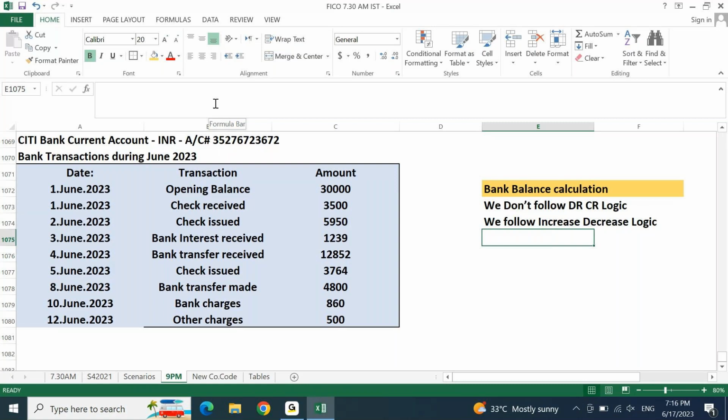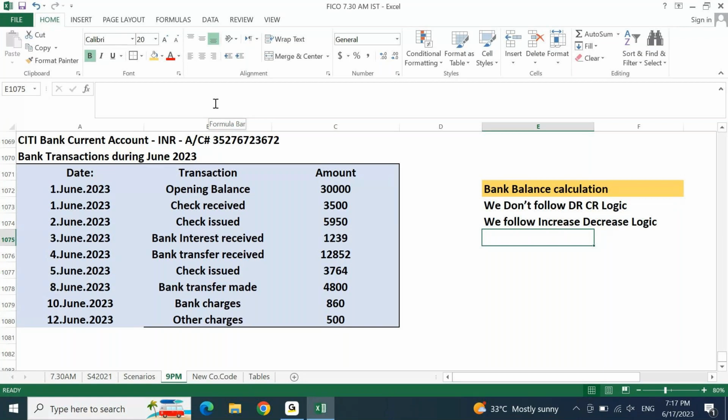Instead of following debit credit logic, we will be following increase decrease logic. Even in your interview, you are not supposed to tell debit credit. If you tell debit, if you tell credit, it will be controversial. You may get into unwanted confusion. Because you may tell debit according to the bank point of view, your interviewer might try to confuse you by stating, no, according to this it will be an increase or it will reduce the balance.